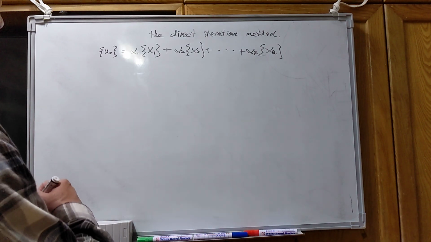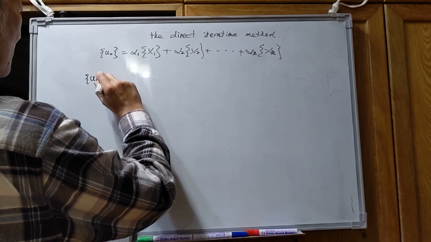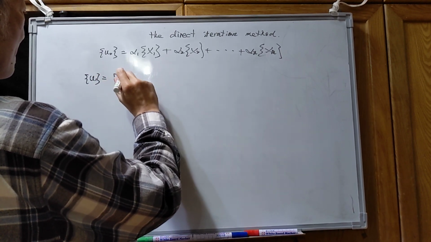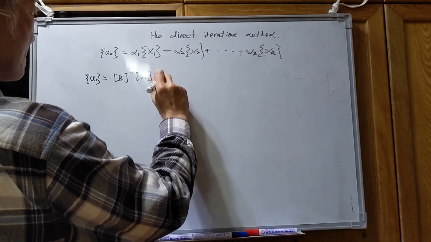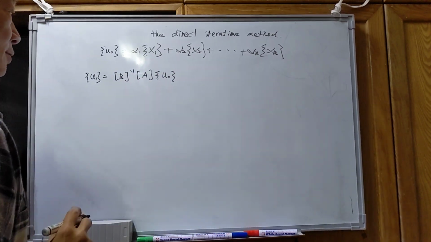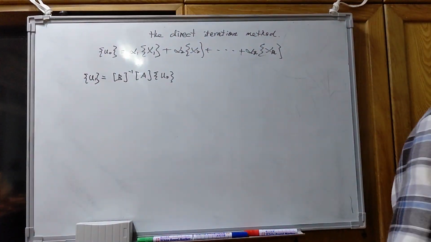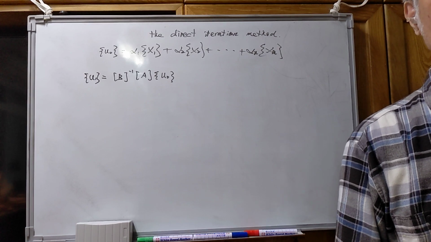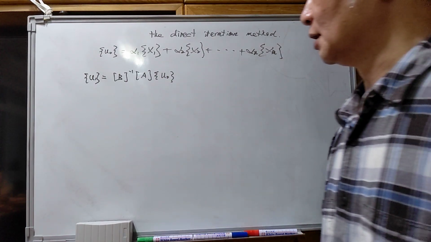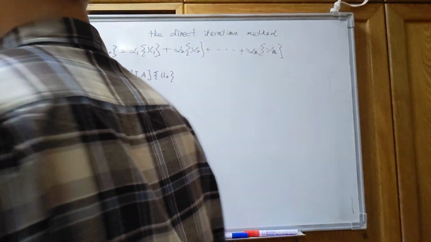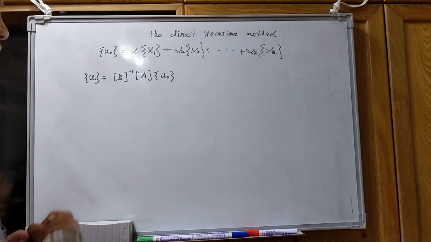Then what will be u1? u1 will be equal to B inverse A times u0. Then we can replace these expressions into this formula.